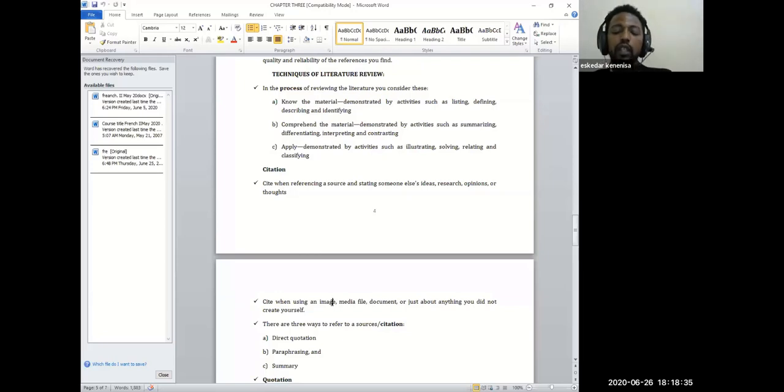For example, you may take an image. You may take different files or documents from individuals, from their research, their archives, or their collections. Therefore, you have to cite that person.